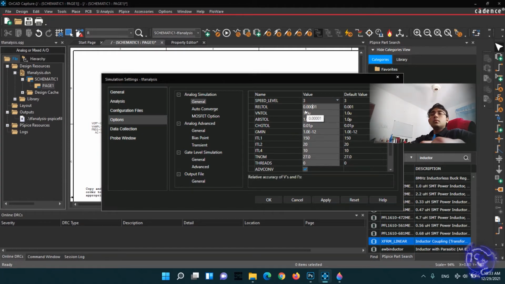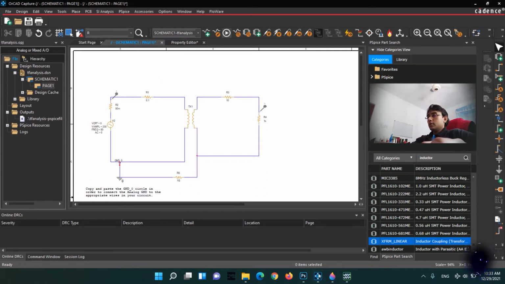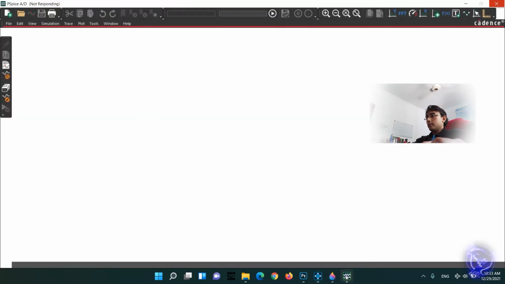If I reduce it more and more, my curves, my plots will be smoother. I can change the resolution by using that. Anyway, now when I run the simulation, I should see something similar to the output from a step-up transformer.